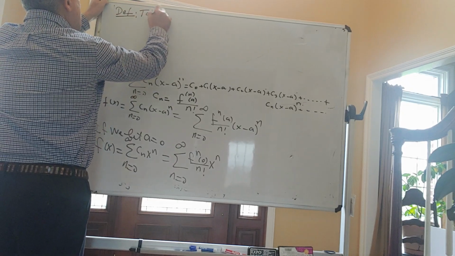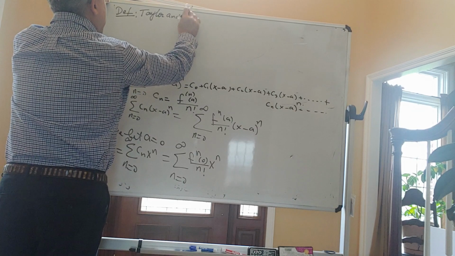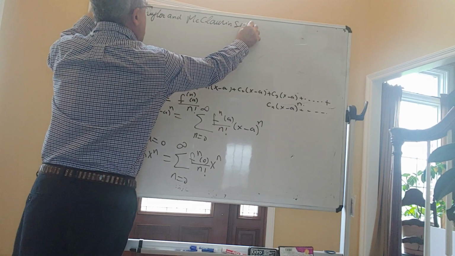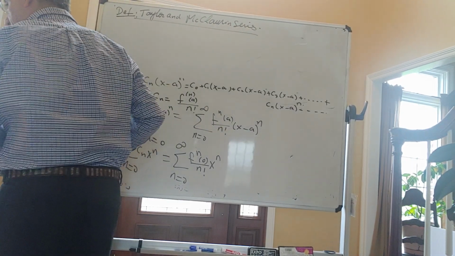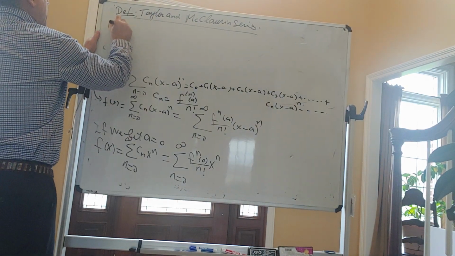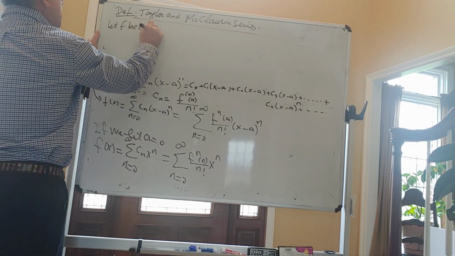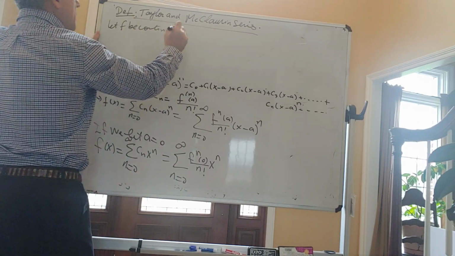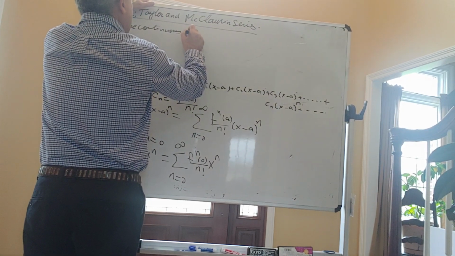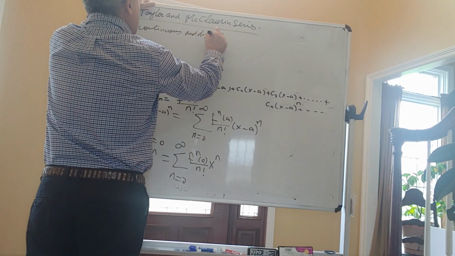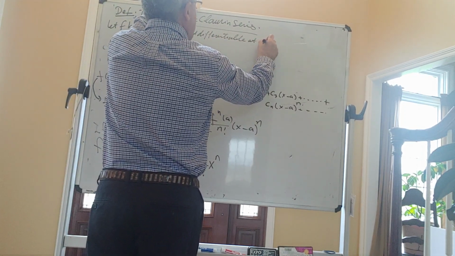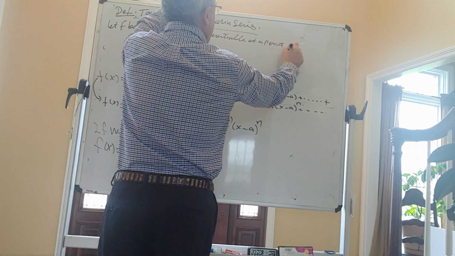All right, so let's have a definition of Taylor and Maclaurin series. Okay? Let f be continuous and differentiable at a point A of all orders.